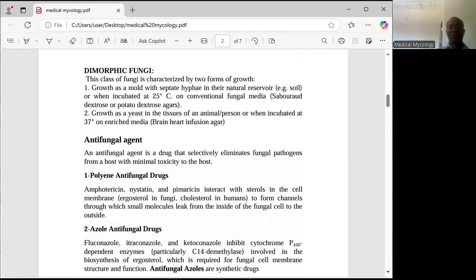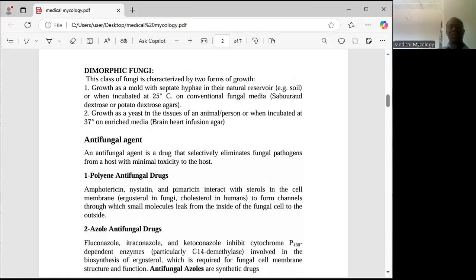Like we have, number one, the polyene antifungal drugs. They include amphotericin, nystatin, and pimaricin, which interact with the steroid in the cell membrane of the fungi, that is ergosterol in fungi, while cholesterol in humans.